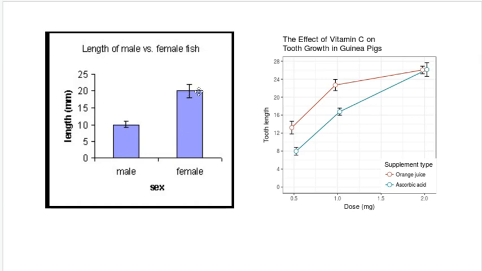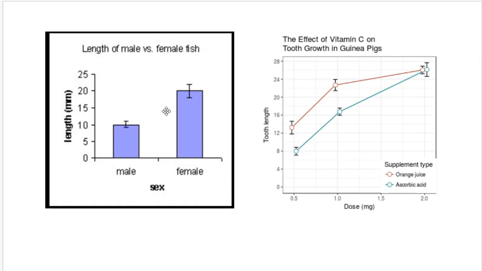But notice how my error bars here and my error bars here don't overlap, right? So basically what this says is the smallest female is somewhere around 17 millimeters of 95% of females, but the biggest male is somewhere close to 11 millimeters, right?